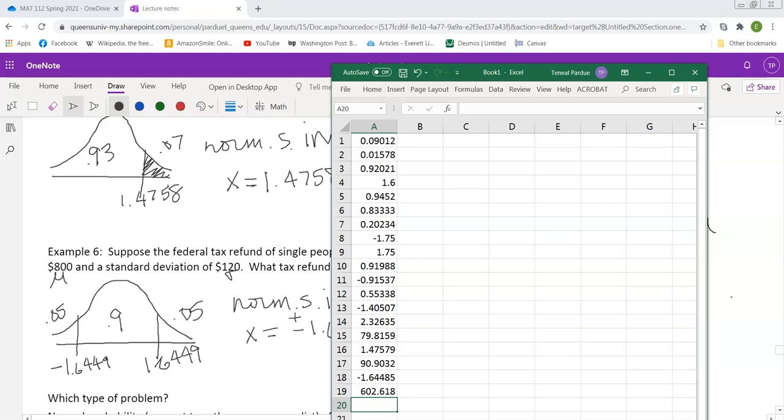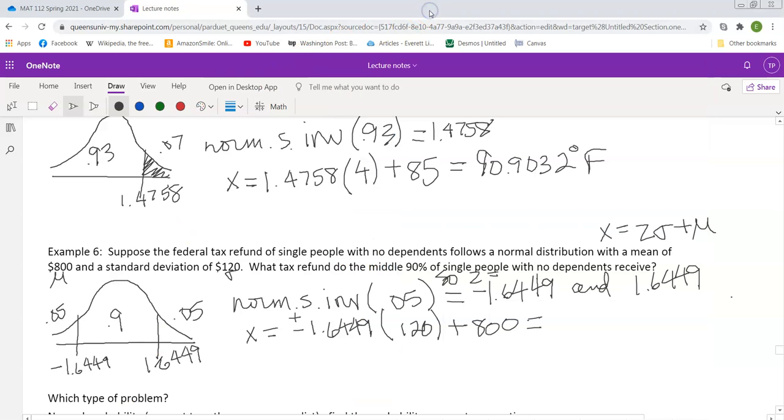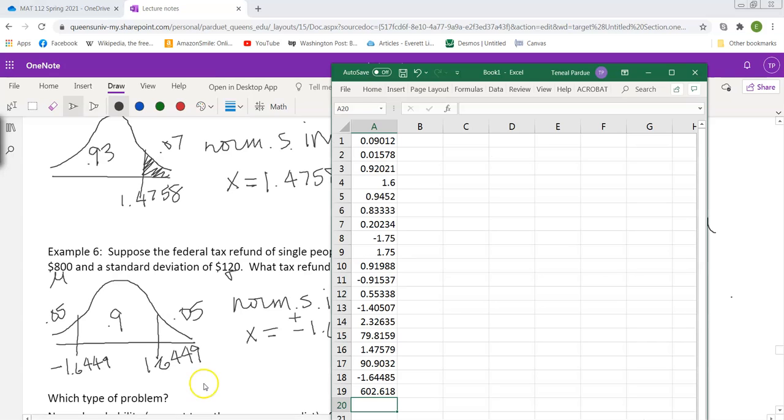The lower value is 602.618, which we write as dollars, $602.62. So that's the minus one. The plus one is the same calculation, except instead of negative, I put a positive in front of the value that we found.